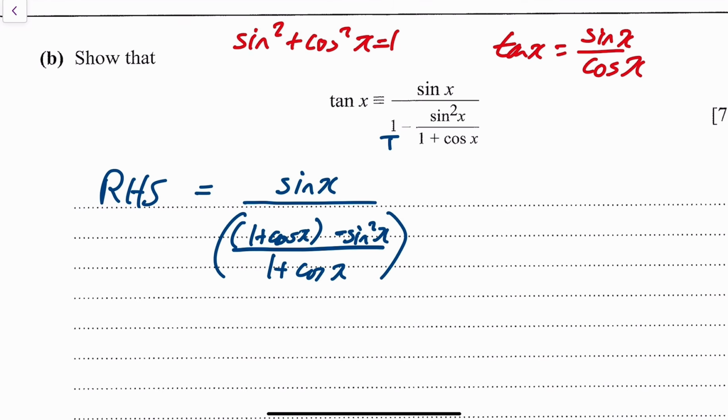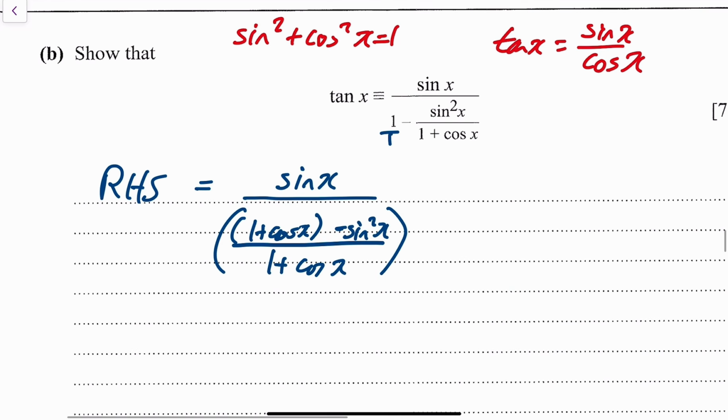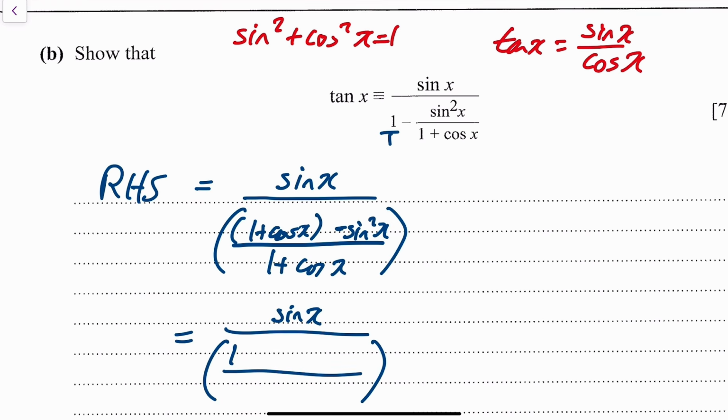Okay, now the only thing we can do here is change our sine squared on the top line of our denominator to be 1 minus cos squared.